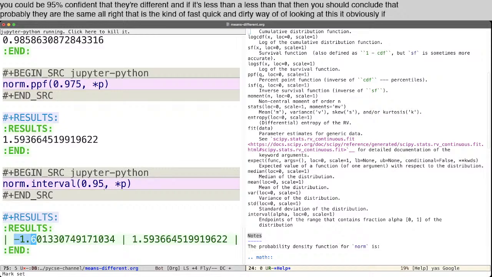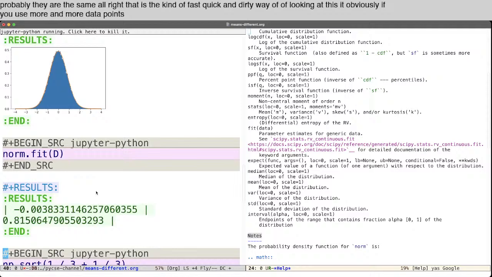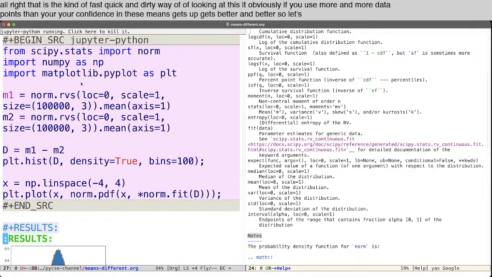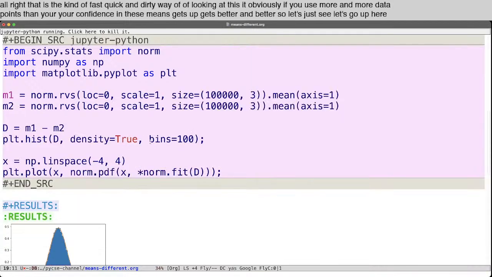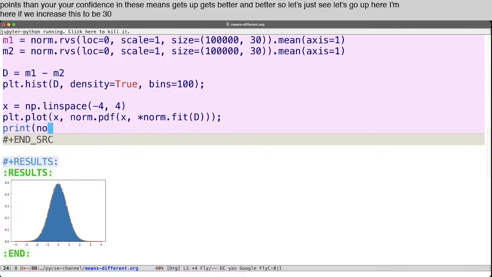Obviously, if you use more and more data points, then your confidence in these means gets better and better. So let's just see. Let's go up here. If we increase this to be 30, let's print norm.fit.